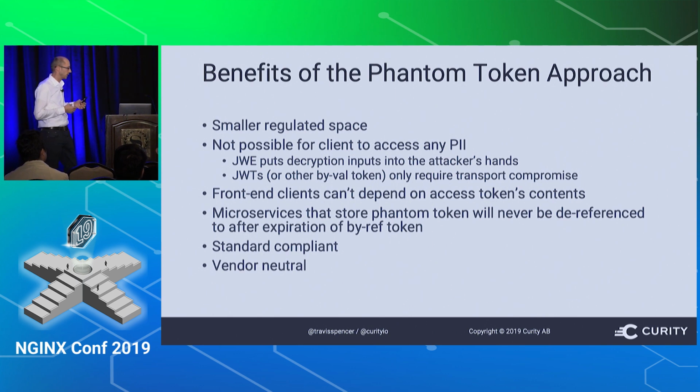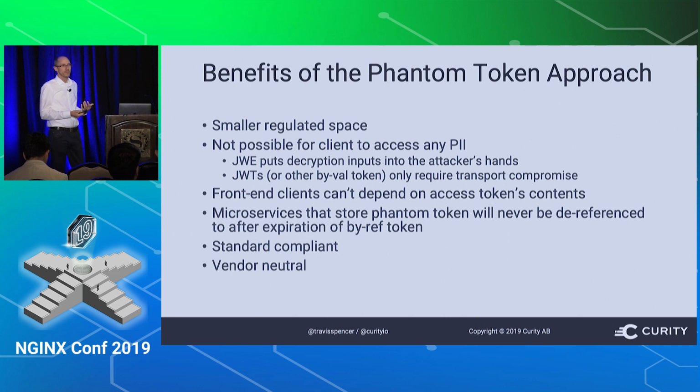So it's the same sort of trick we've been doing for a really long time. As a consequence, the mobile application and the front-end web application are not regulated because they don't have any personally identifiable information. So it's a lot easier to conform to those requirements. It's also not possible for the client application to access any PII because there isn't any there.